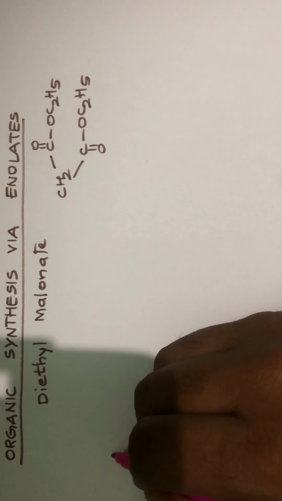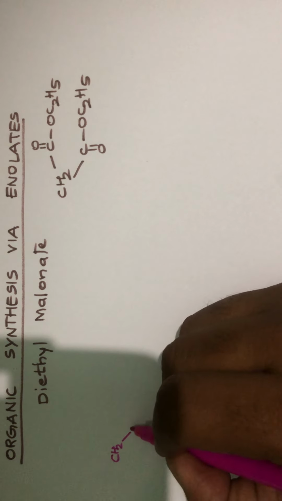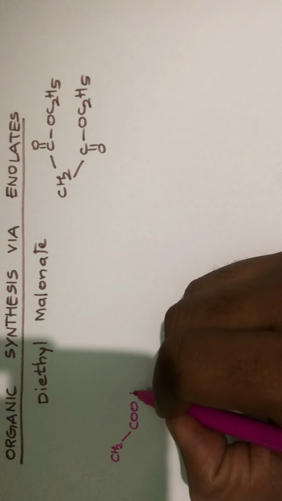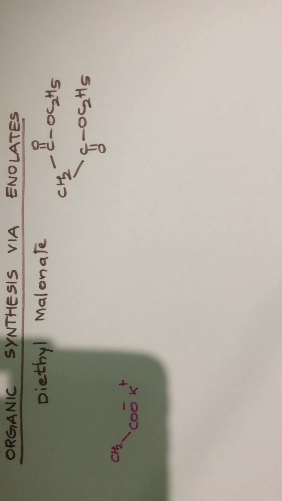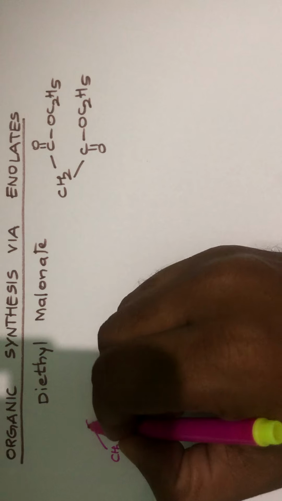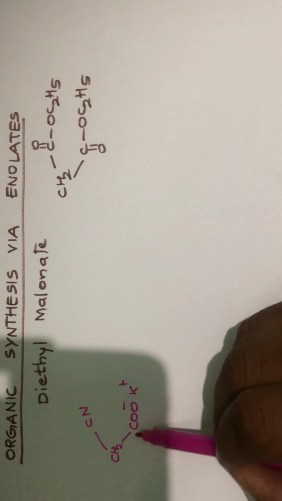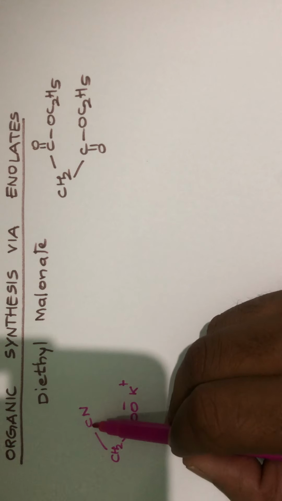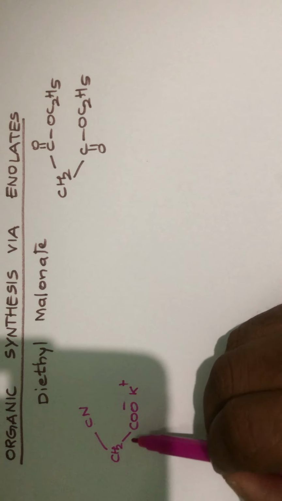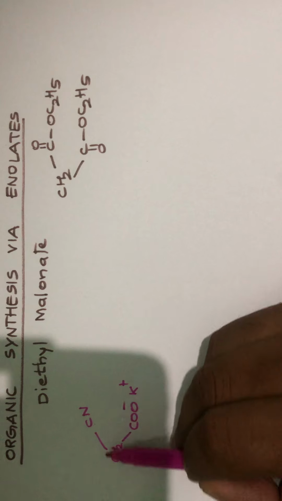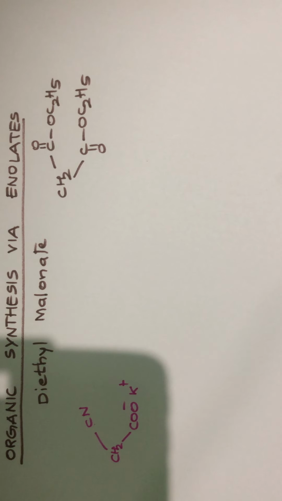It is N≡C-CH2-COO⁻ K⁺. CH3COO⁻ is acetate, and since one hydrogen is replaced by a cyano group, CH2 with COO⁻ is acetate with a cyano group. So this is potassium cyanoacetate.